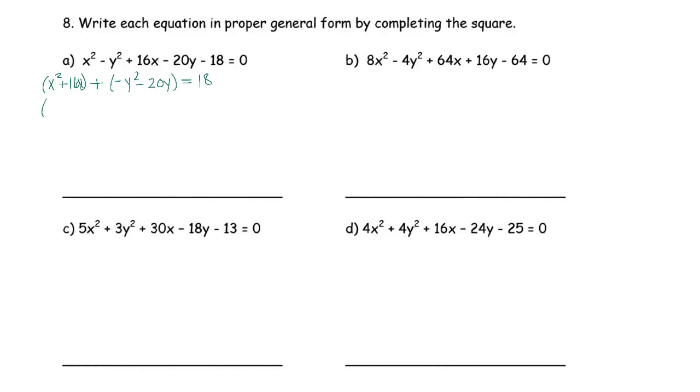And then this is where we went ahead and said, okay, I know this is going to be x plus half of 16 all squared. And then over here we've got our negative, so I need to pull out that negative, and then that's going to make those positive. And we're going to say y plus 10, half of 20 all squared, equals, and then we have to balance this. So what did we add over on the left side?